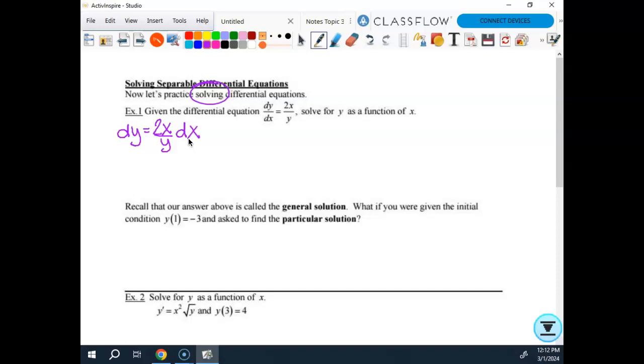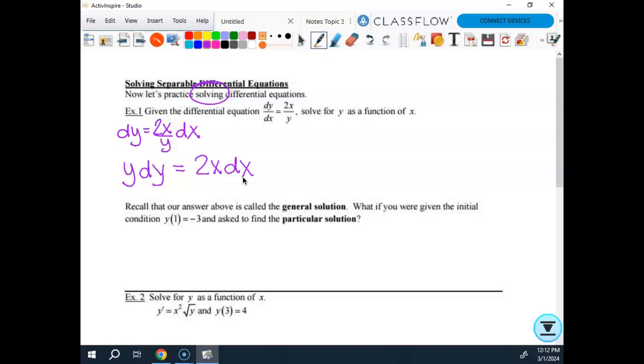I can multiply by y, right? Because I need everything with y on one side, everything with x on the other side. Okay, we good with that? So they both have the differentials on them, right? 2x dx and y dy.